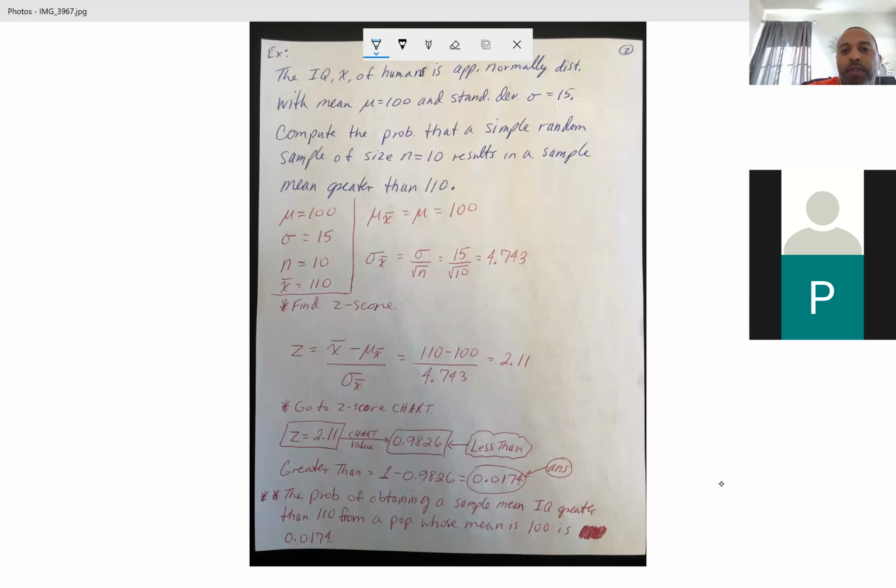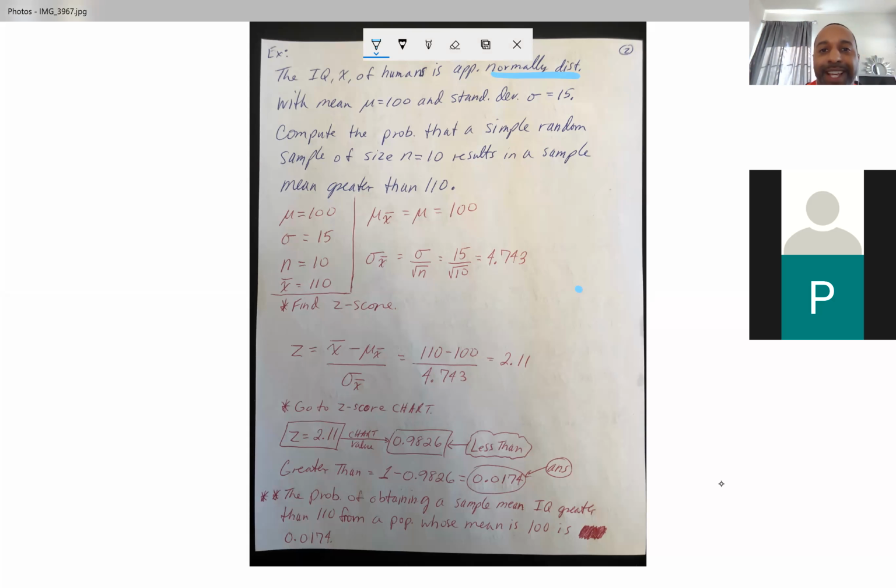All right, so let's look at the first example and use what we just finished mentioning. It says the IQ, X, we're using X as our IQ. The IQ of humans is approximately normally distributed. So once again, that normal distribution lets us know that we can use the z-score relationship with mean 100, standard deviation 15.